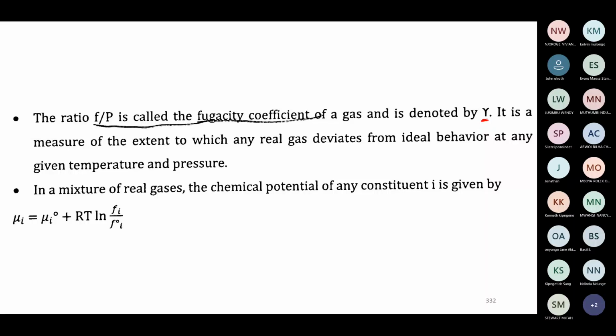It is a measure of the extent to which any real gas deviates from ideal behavior at any given temperature and pressure. So in a mixture of real gases, the chemical potential of any constituent i is given by μi equals μi naught plus RT ln of fi over fi naught.